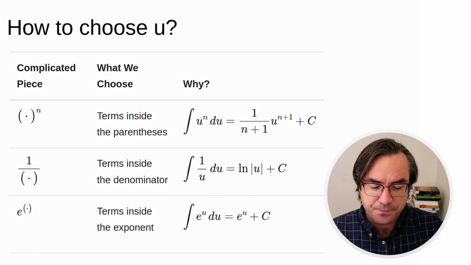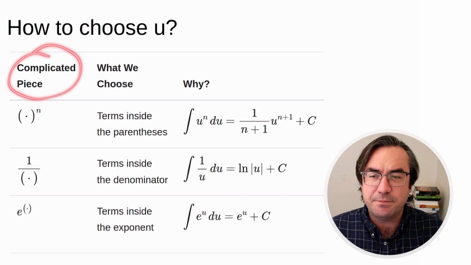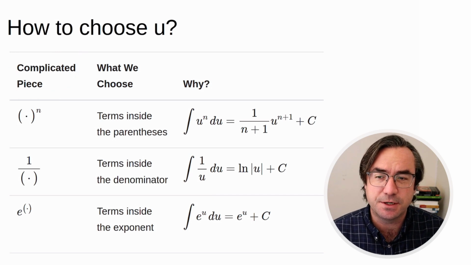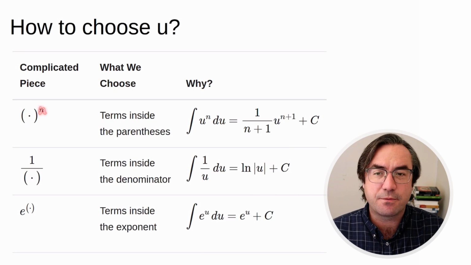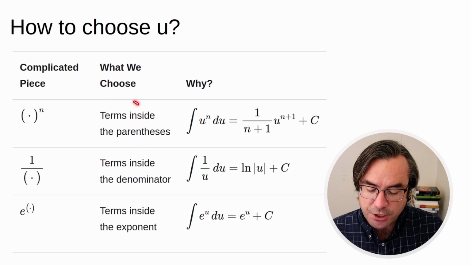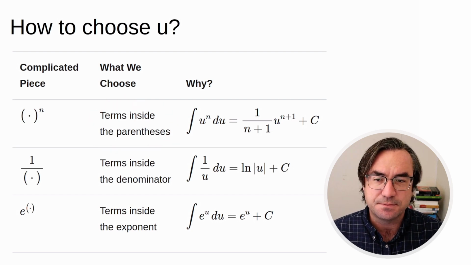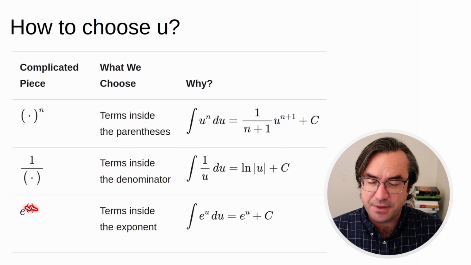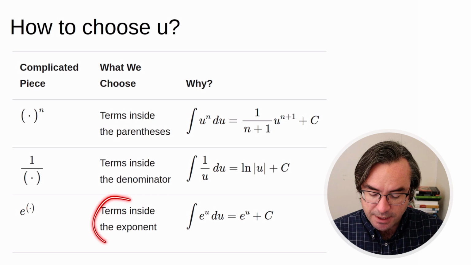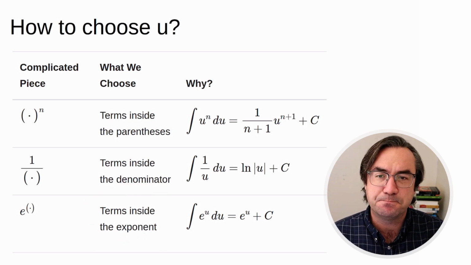What's our strategy? Well, we're looking for the more complicated piece of our function. And if we see a bunch of stuff inside parentheses and then all of that raised to the power n, we're going to let u equal the stuff inside the parentheses. If we see an exponential function with a bunch of stuff up in the exponent, we're probably going to let u equal the stuff in the exponent.